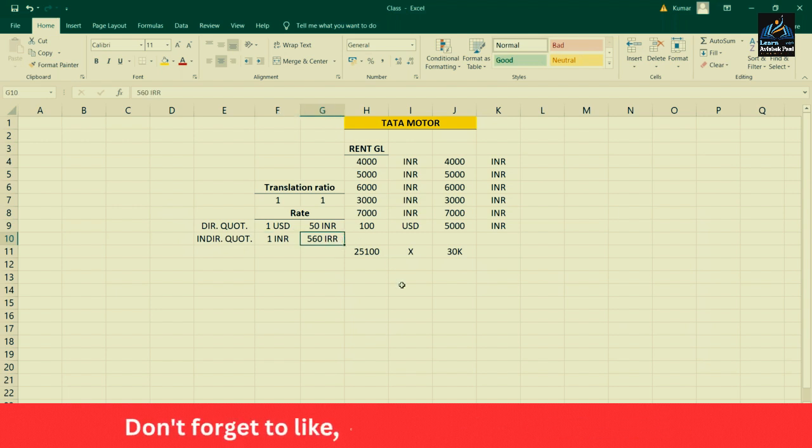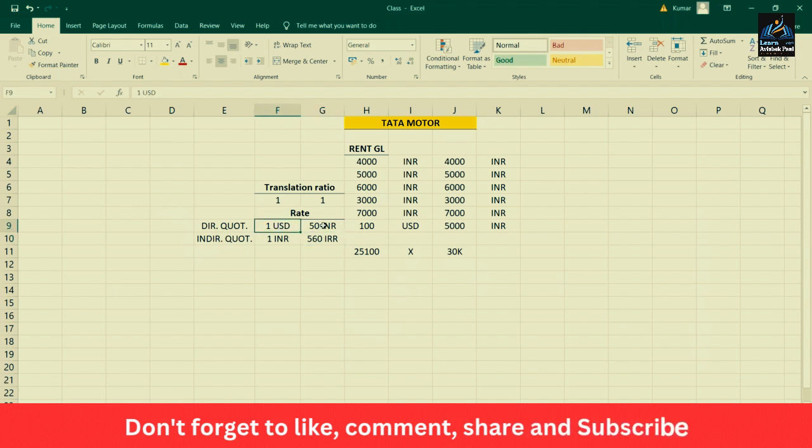In this way, we are able to understand easily, right? This is because your foreign currency, here Iranian currency, has quite a lesser value compared to Indian currency. So this is how I prefer to quote this rate.